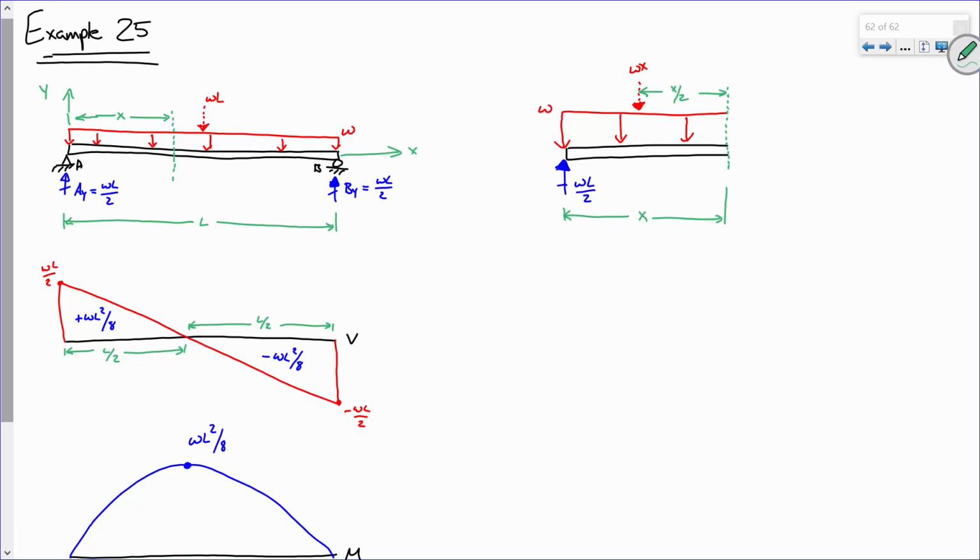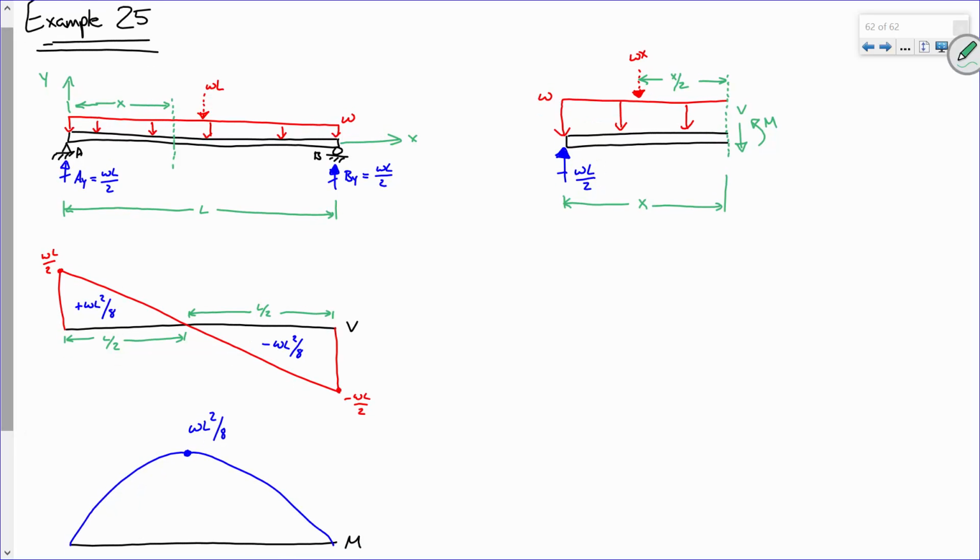Now remember, anytime you make a cut, there's going to be an unknown shear and an unknown moment. Sound good? Let's do both of them, just for the sheer heck of it. No pun intended. I know. It's tough, isn't it?